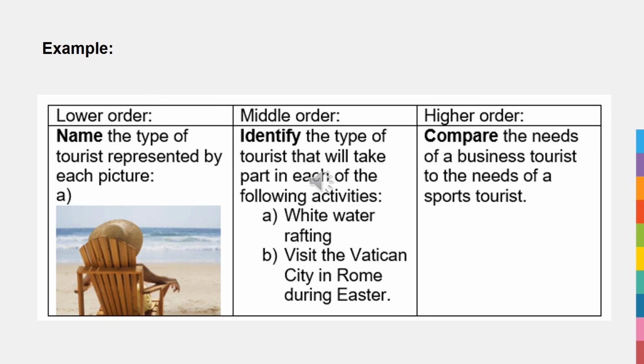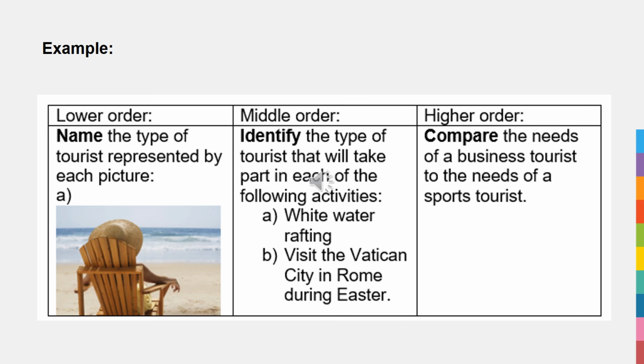You can give them a definition, for example, and say, choose the correct word, a business tourist slash adventure tourist will attend a conference, and they have to underline the correct answer. That is lower order.